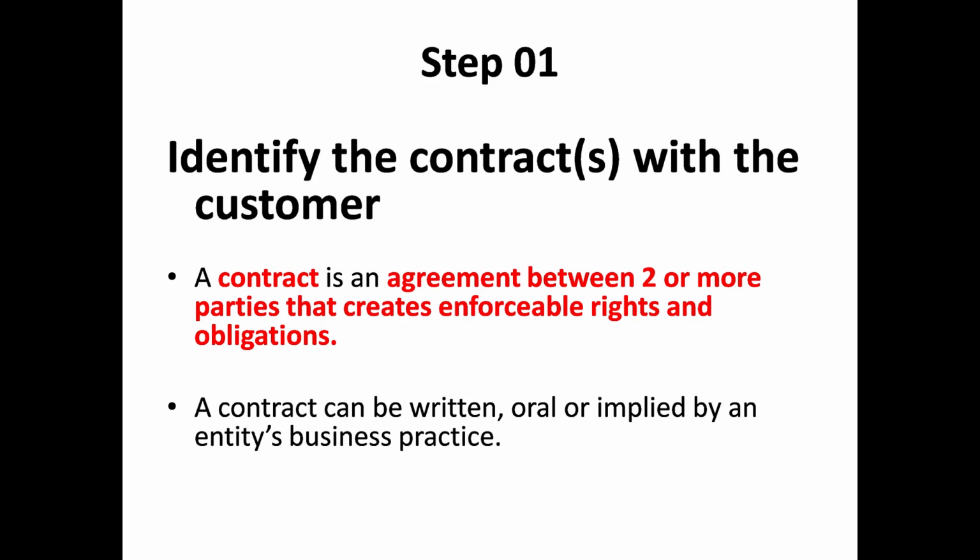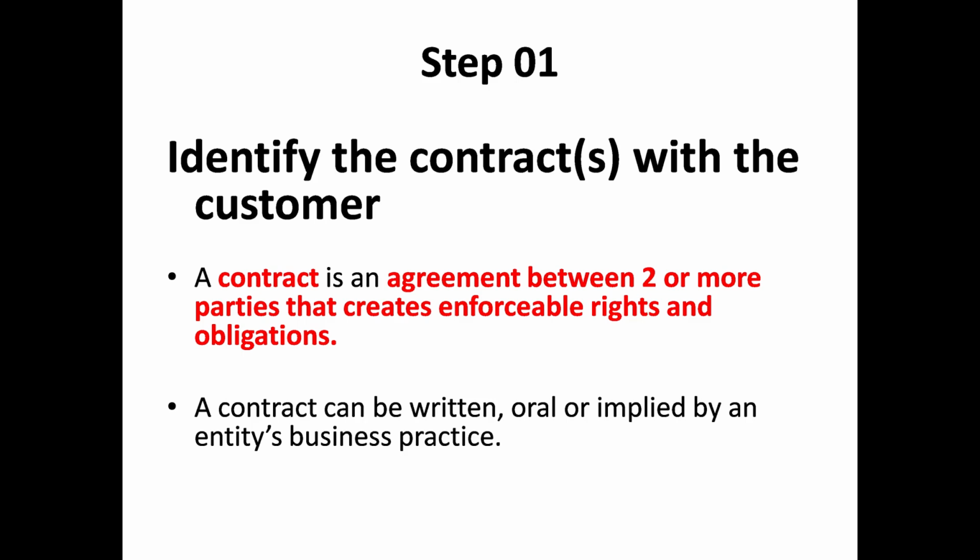Buyer has the obligation to pay 1000 rupees on the delivery of these hand sanitizer bottles, and this buyer has the right to receive 10 hand sanitizer bottles at 100 rupees each within 1 week of the placement of the order. I think now it's very clear to you.